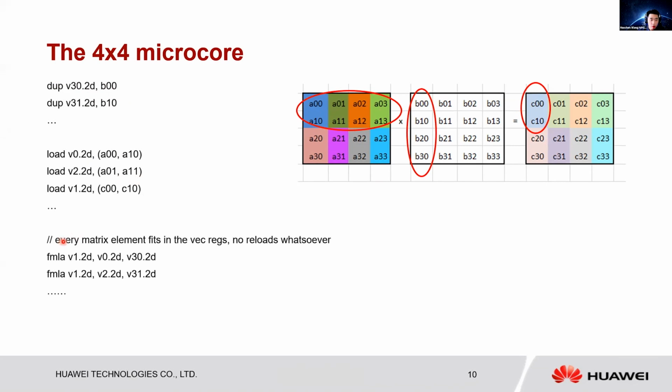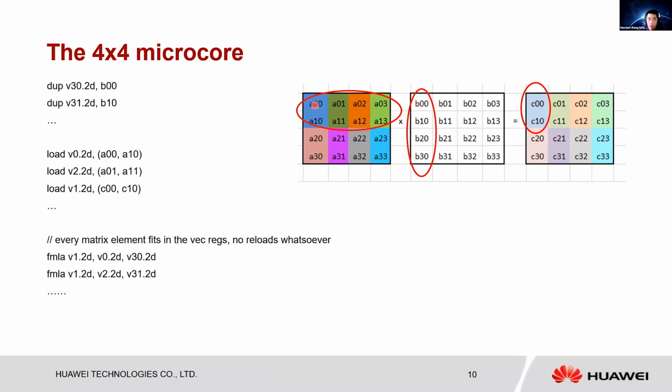So now at this point, after the duplicates and the loads, every matrix element is loaded into the vector registers only once. And then we just do the appropriate multiply adds. For example, here we're multiplying V0, which holds A00 and A10, with V30, which is a register whose both lanes hold B00.